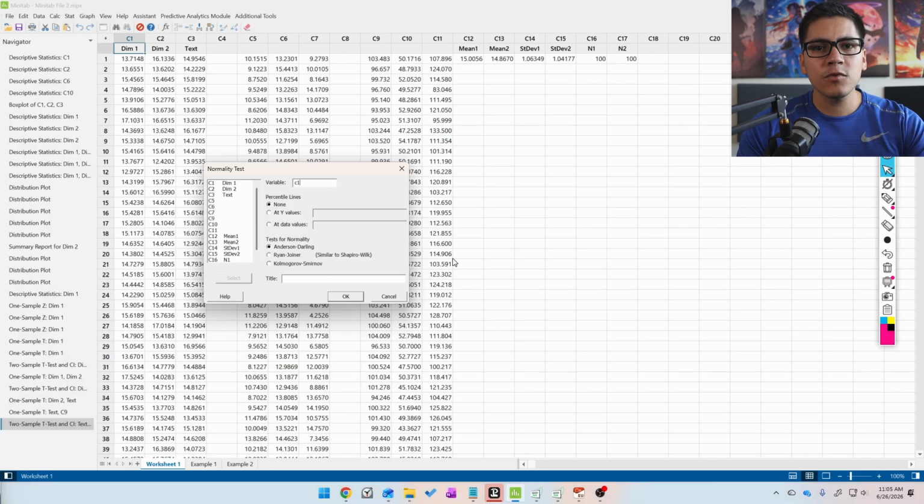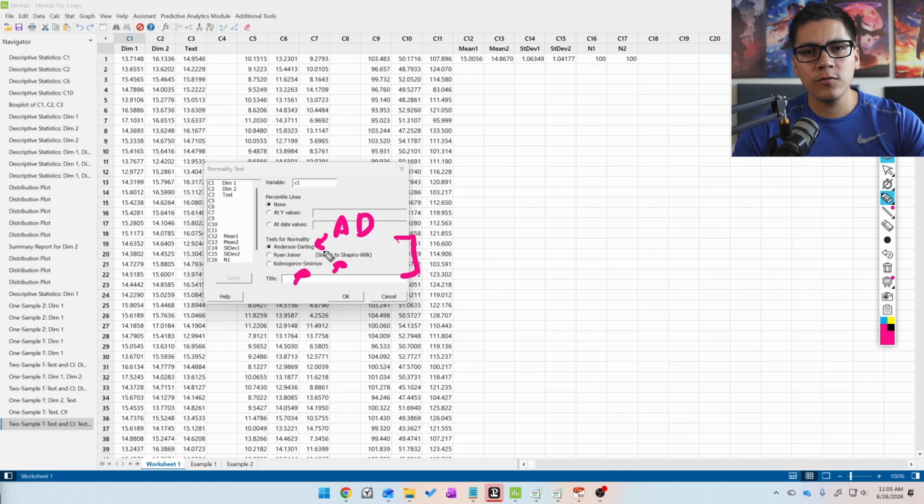And there are different types of normality tests that I can execute. The most common one is known as the AD test, which stands for Anderson-Darling test. There is also the Ryan-Joyner and the Kolmogorov-Smirnov. As a general rule, if the Anderson-Darling test says that the data is not normal, then Ryan-Joyner and Kolmogorov will also say that it's not normal.